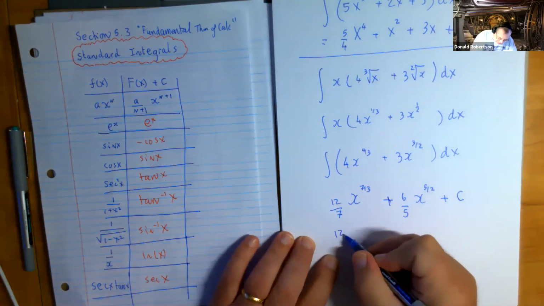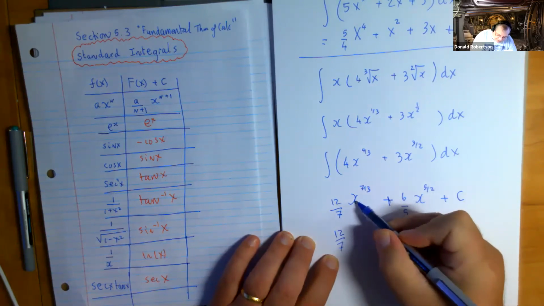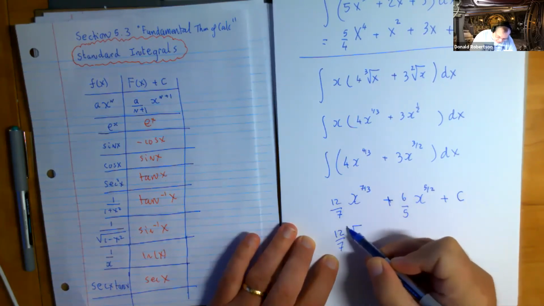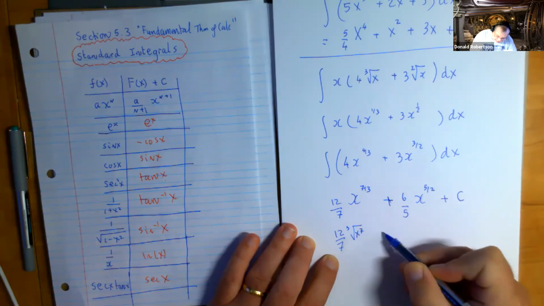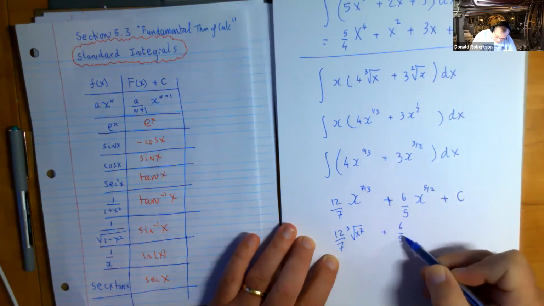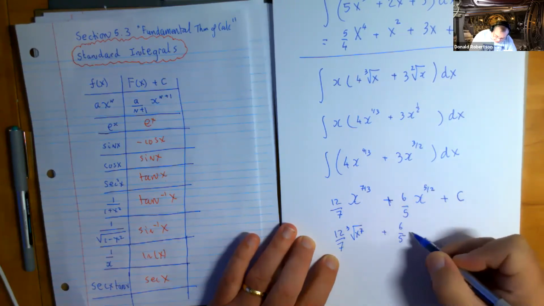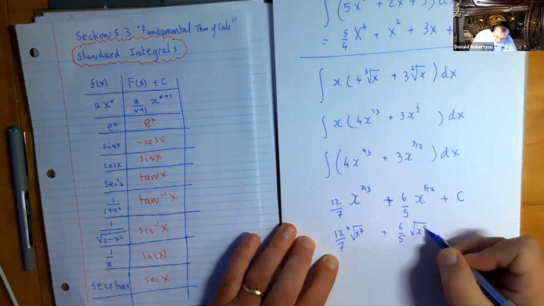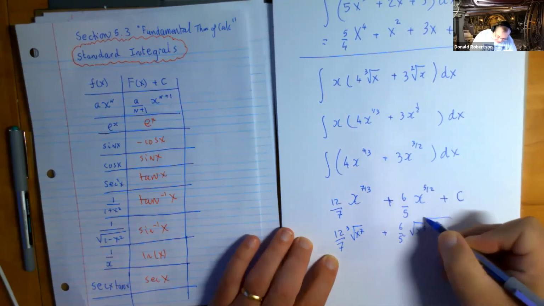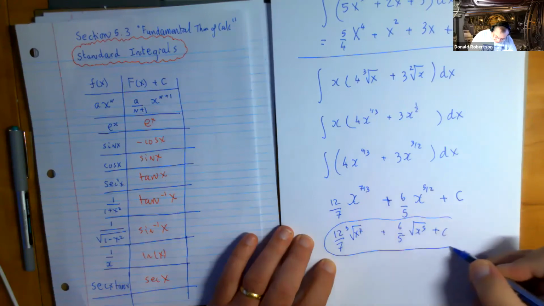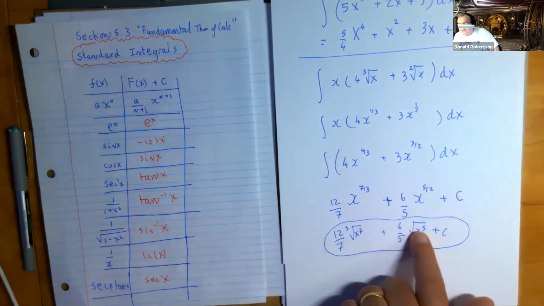So that's why I'm putting this line in. Do you know that x to the 7/3 is the cube root of x to the 7? And x to the power of 5/2 is the square root of x to the 5, plus c. And that's just good math to write that.